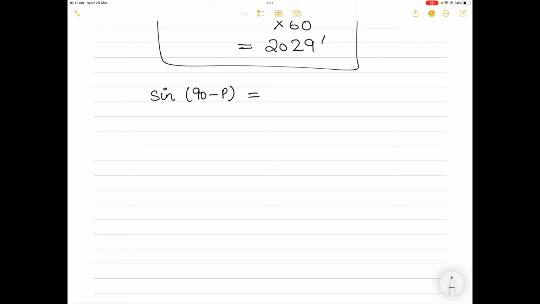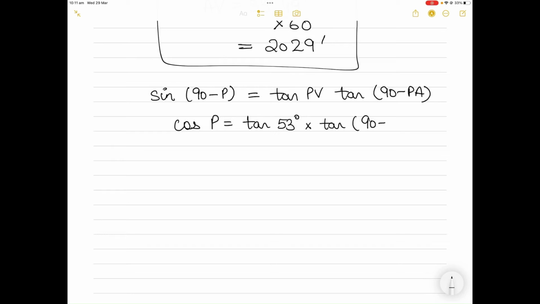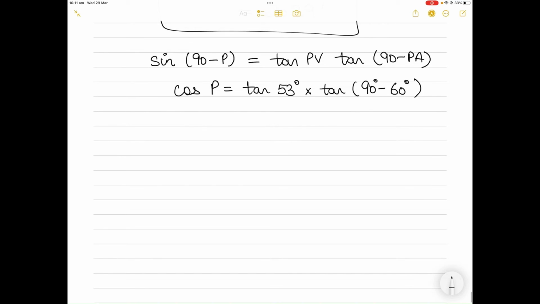In this case, the rule will become sine of 90 minus P equals tan of PV and tan of 90 minus PA. So sine of 90 minus P can also be written as cos P, and this is tan of PV, which is tan of 53 degrees, and this is tan of 90 minus PA. So 90 minus PA is 30 degrees.